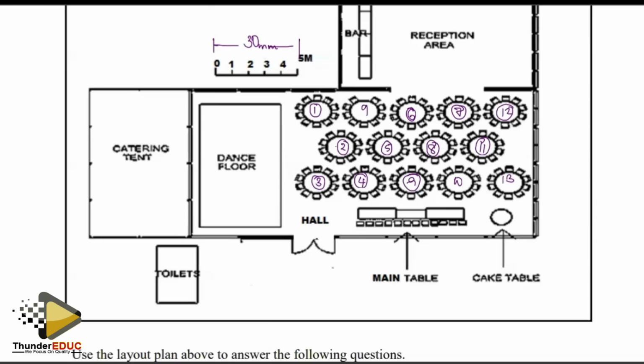Then in this table here, how many do we have? We have 1, 2, 3, 4, 5, 6, 7, 8, 9, 10, 11, 12. So here we have 12.